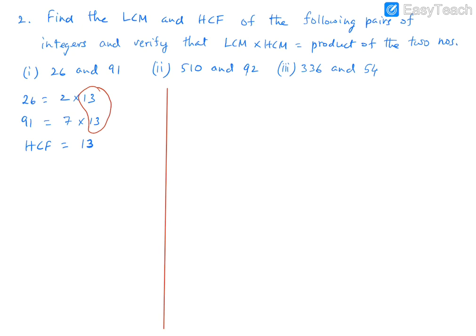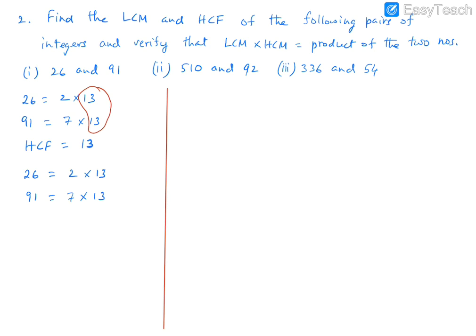Now, to find the LCM, we will again write the prime factor representations of these numbers. So 26 is 2 into 13, and 91 is 7 into 13. So the LCM in this case, if you recall the definition, is the product of the greatest powers of each of the prime factors, but the greatest powers need not be common.